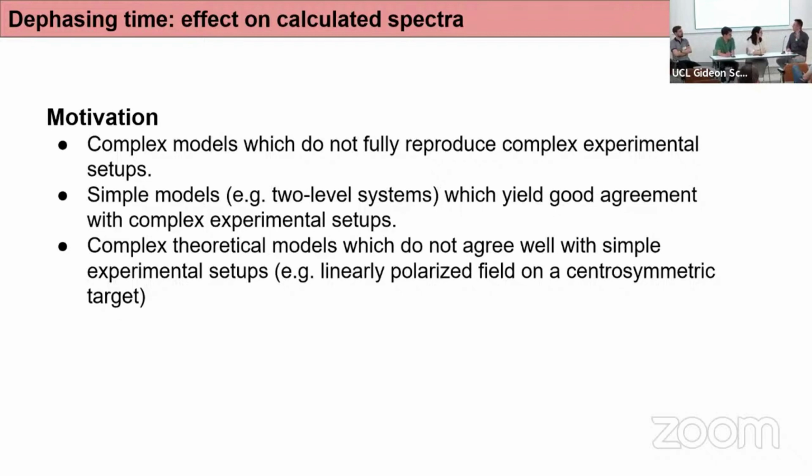But then you have a third set of experiments which are performed under more standard conditions, or are well known. But even when you try to model them with more complex methods, which try to include as many microscopic ingredients as possible, you do not reach a good agreement between theory and experiment.